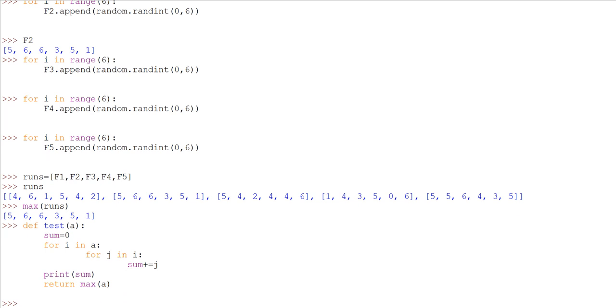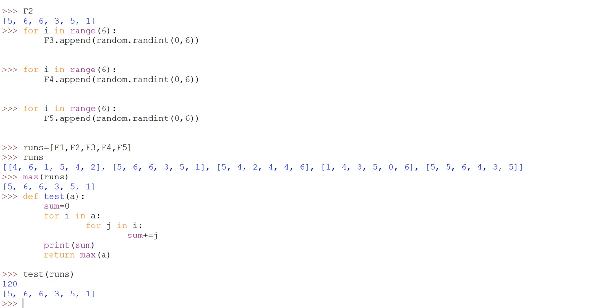Now if I call this function test and it takes the parameter runs, we can see that the total run scored by both the batsmen is 120, which we can verify with a calculator. And as usual, the function is returning that particular over in which the maximum run was scored.